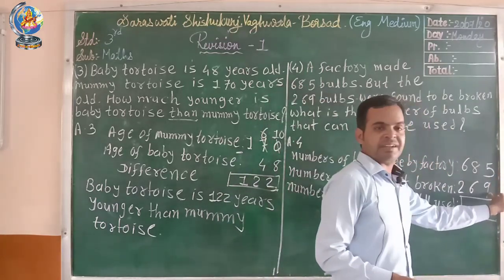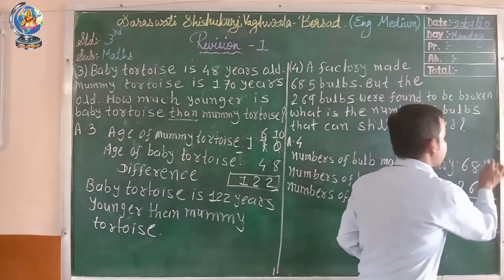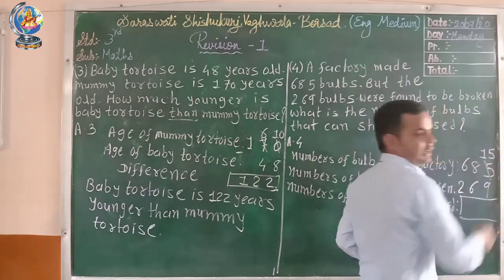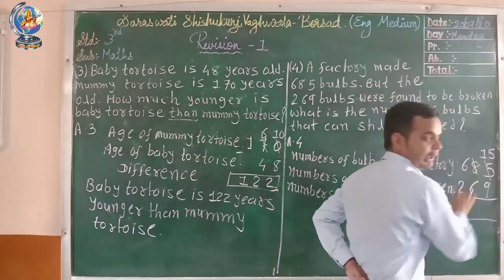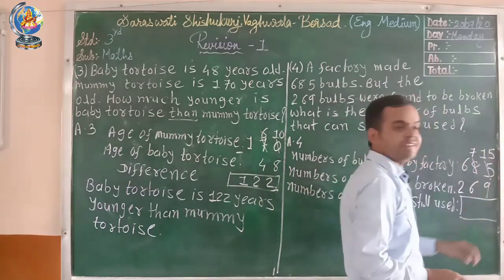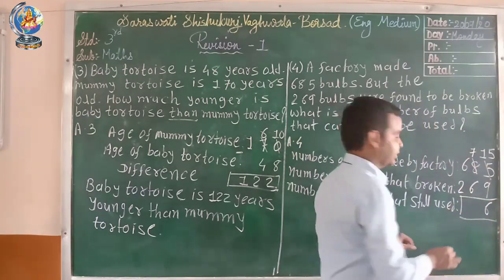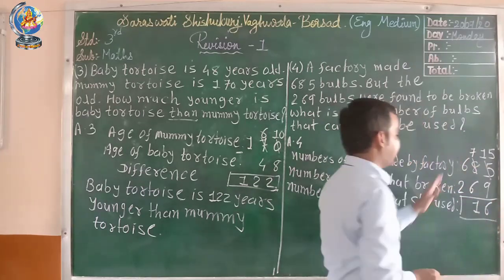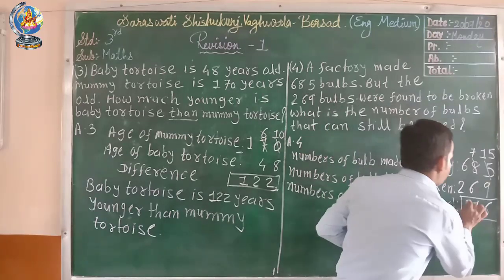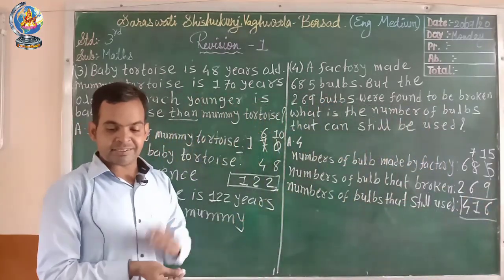Here 5 minus 9 is possible? No. So we cut 8 and write 7, and 5 becomes 15. 15 minus 9 is 6, 7 minus 6 is 1, and 6 minus 2 is 4. So our answer is 416.